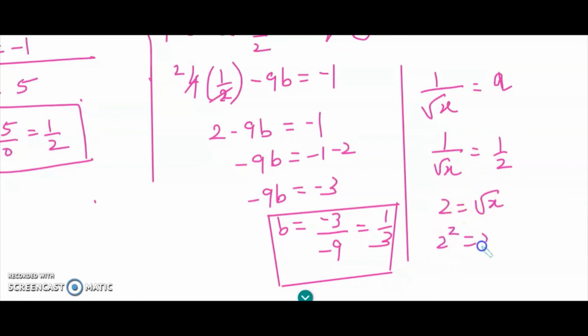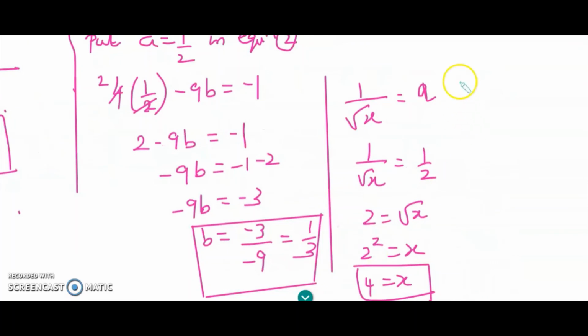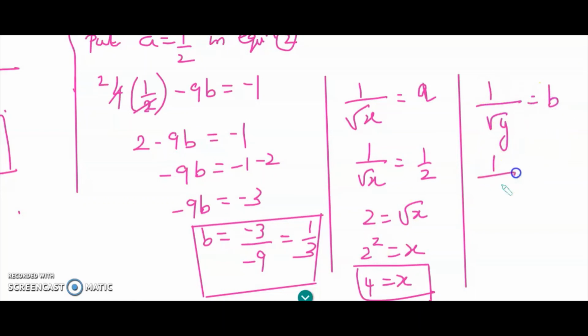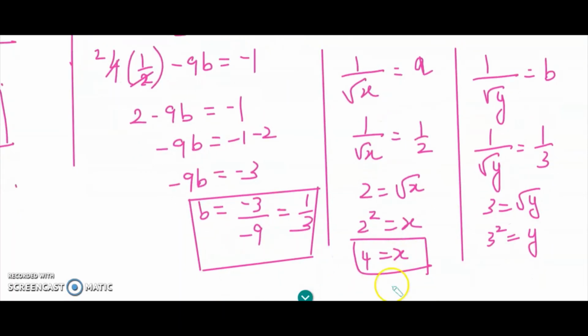So 2 square equals x. So 4 equals x. Next, 1 upon root y equals b. So 1 upon root y equals 1 by 3. Cross multiply, so 3 equals root y. Square it, so you will get y as what? Yes, 9. Hope this was clear.